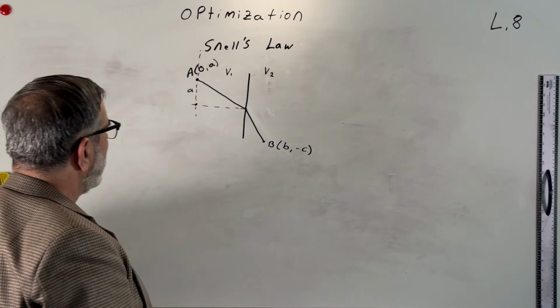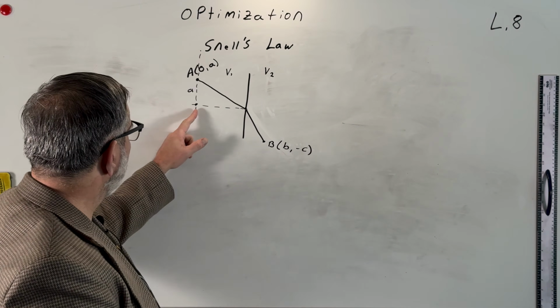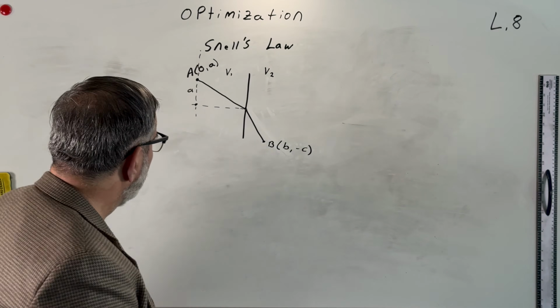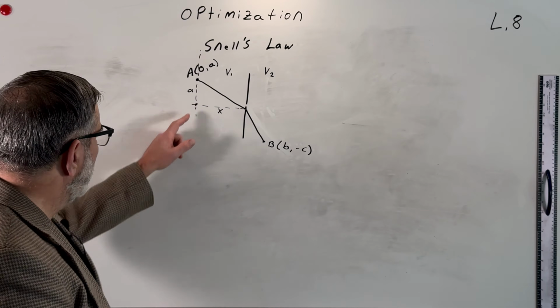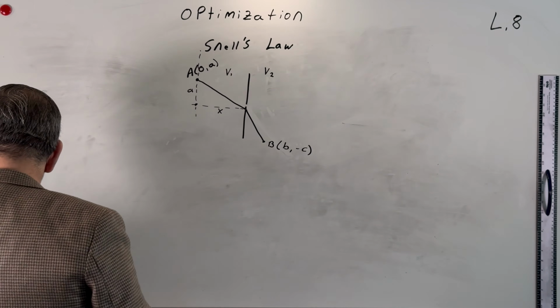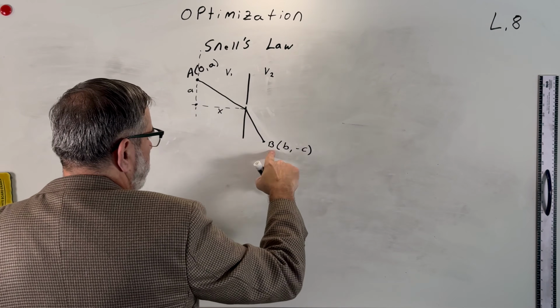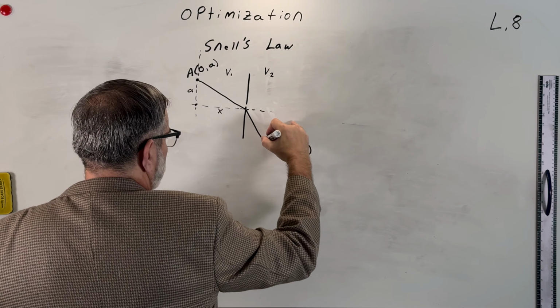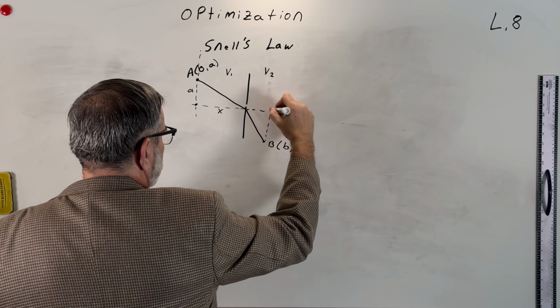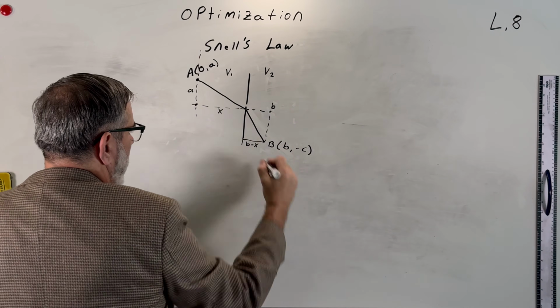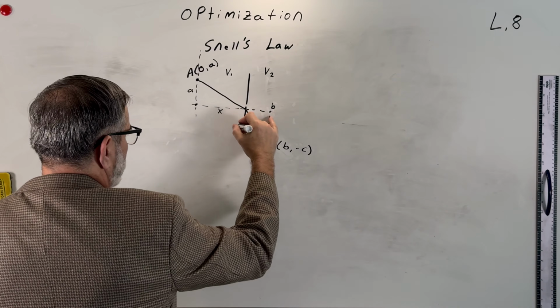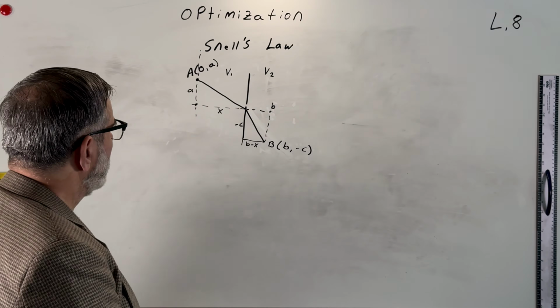This is of height A. So x equals 0, y equals A, to a point which we're just going to generically call a distance x away from the origin, to a point B, which is a distance we'll call B, such that this would be B minus x, and also at minus c. So it's minus c in the y direction.